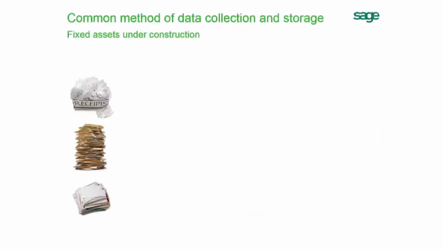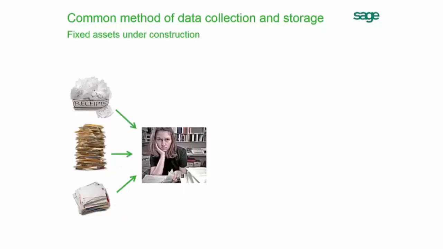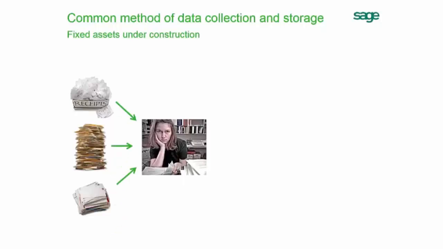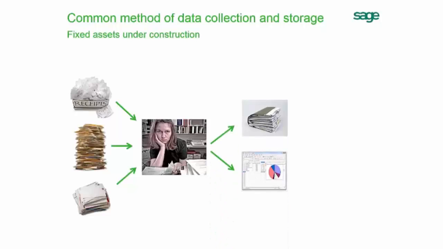So how are you managing these projects today? Many organizations are still tackling this challenge by hand, collecting hard copies of receipts, proposals, and budgets to pull all the data together into one place. Then, someone will more than likely take all of that data and manually transcribe it into an Excel document.